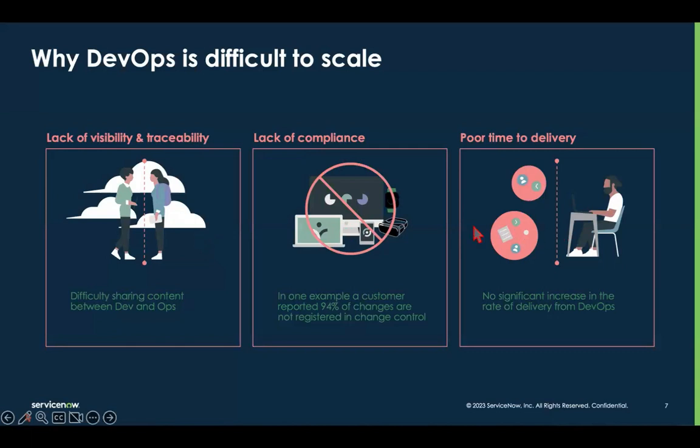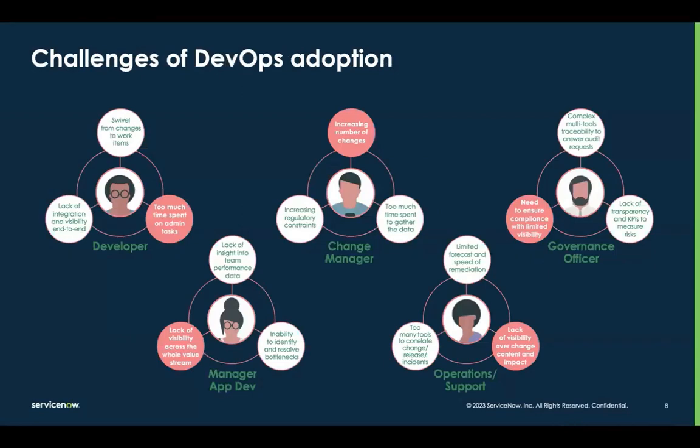So how do we get around those sort of issues, and how do we ensure we can increase the delivery and velocity with DevOps, but all at the same time stay compliant with the change management process? So when you look across some of the personas and the roles involved, the change manager in the middle there is often hit by an increasing number of changes that they have to deal with, and obviously make sure that everyone's complying with the regulatory requirements.